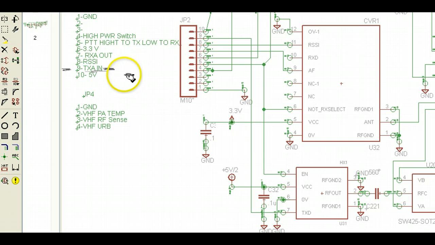If it's got data on it, it's in the form of tones at 1200 or 2200 hertz, representing ones and zeros, or if it's got voice on it, it's voice. This is a pure analog signal, and it rests at half a supply, about 1.5 volts. So that comes in over pin 9 and goes down to the transmitter module.